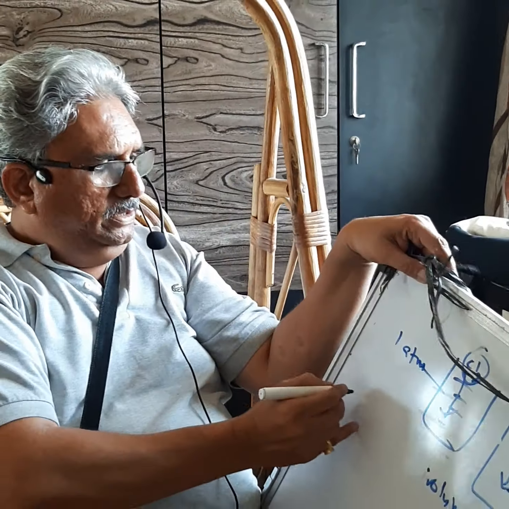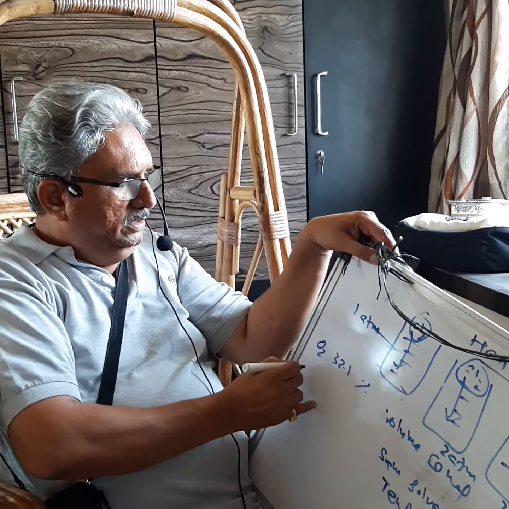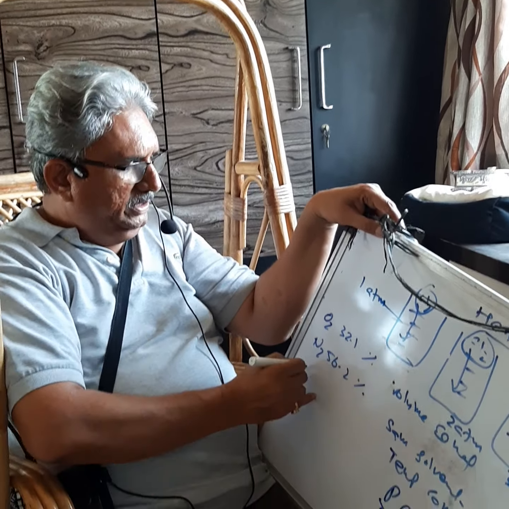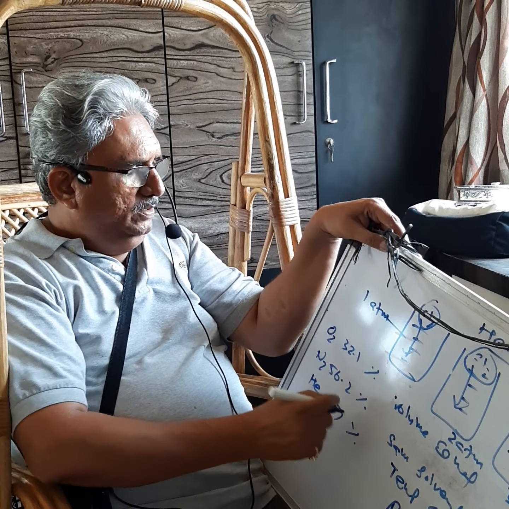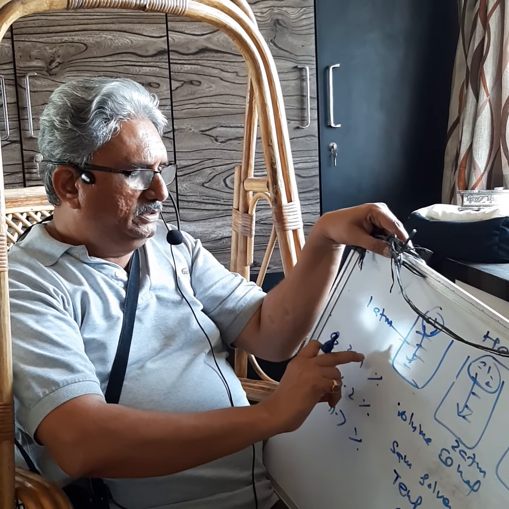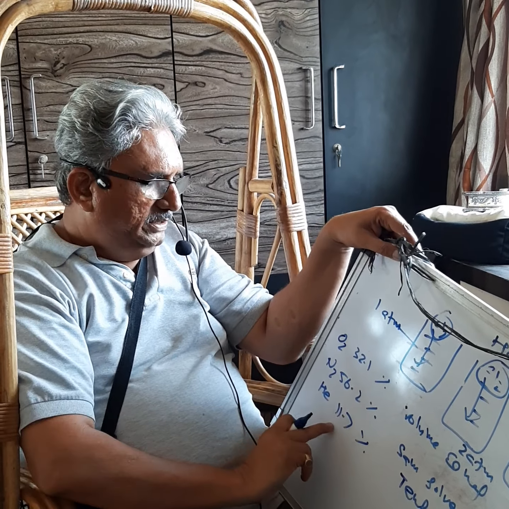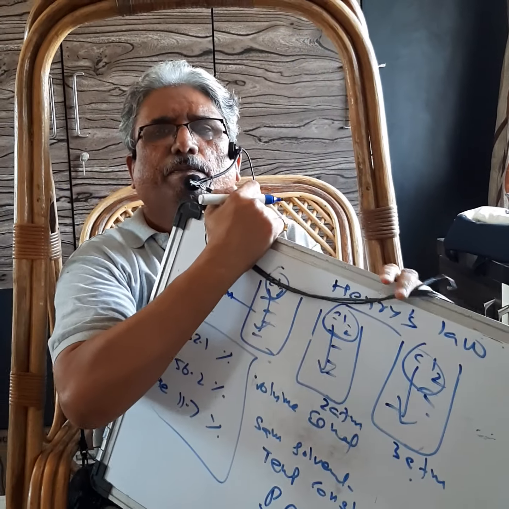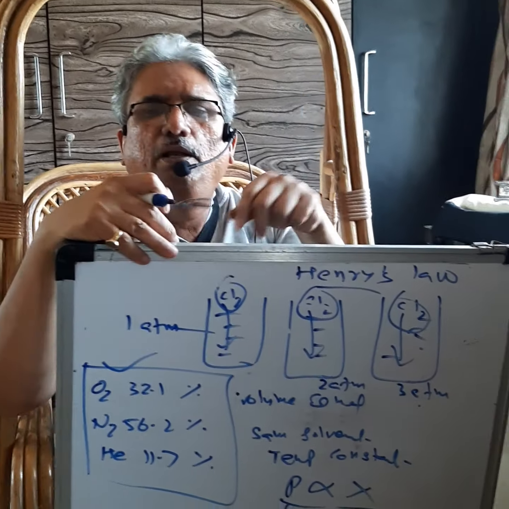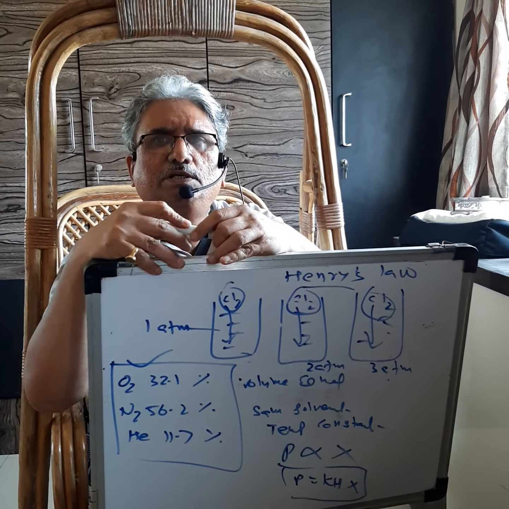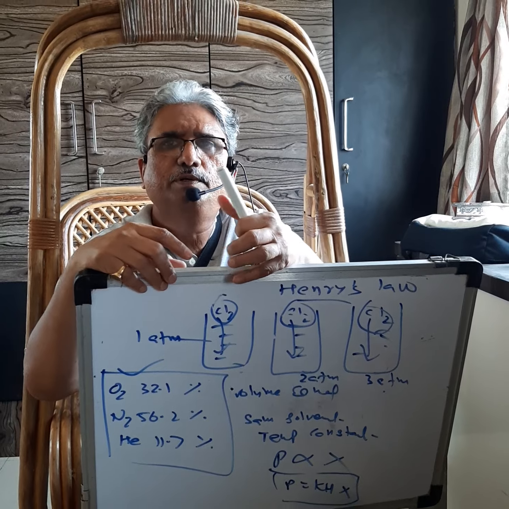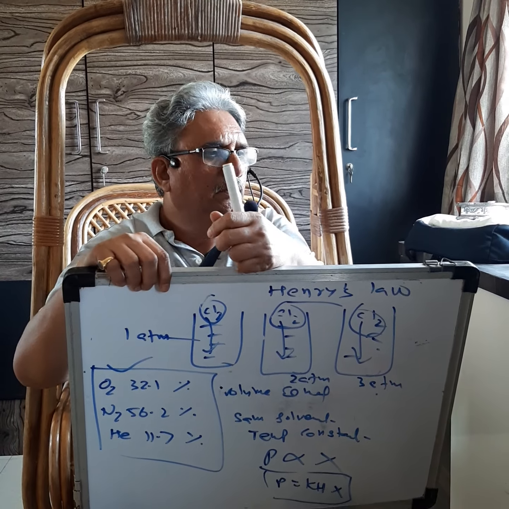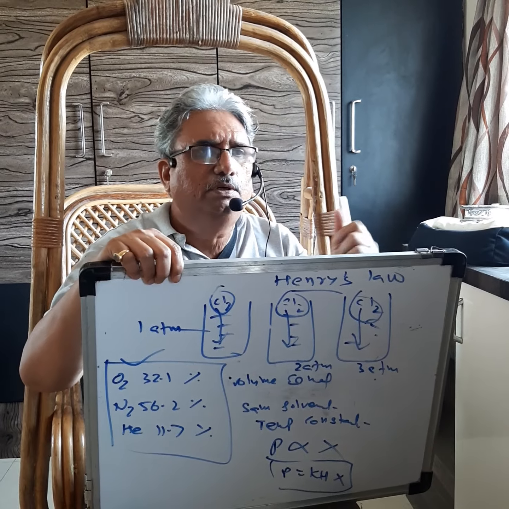So the oxygen content is 32.1 percent, nitrogen is 56.2 percent, and the remainder will be helium. So subtract this total from 100, and then you get 11.7. So this is also a very important question: oxygen is 32.1%, helium is 11.7%, and nitrogen is 56.2%. This is very useful for us.